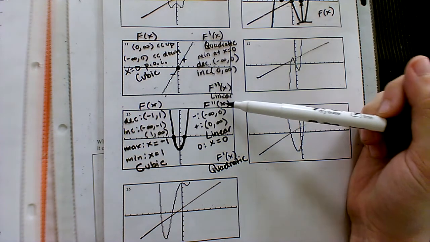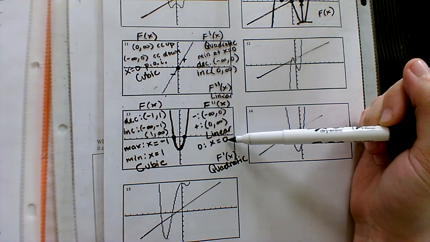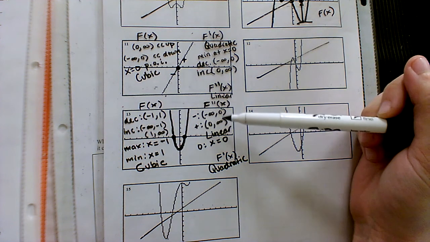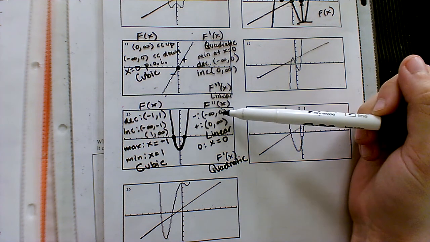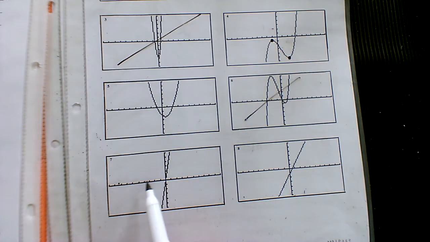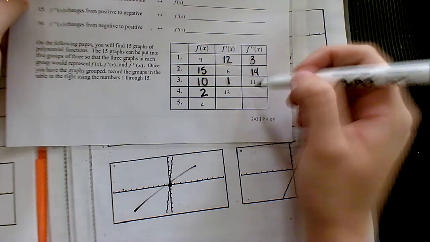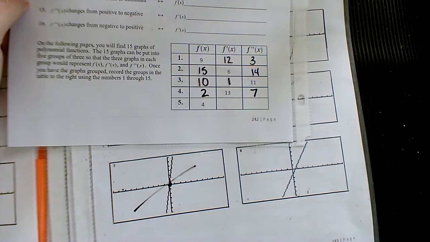All right, let's go ahead and try to find the second derivative graph. So we need linear. We have an x-intercept at 0, and we are negative before it and positive after. 7, right. These are the only linear ones left, and notice how this one goes through the origin. All right, so we'll go ahead and list 7. All right, now process of elimination, that's going to lead us to the last one.